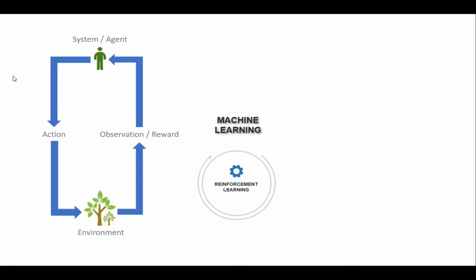Under reinforcement learning, it works something like this: it will have a system, or an agent, which represents the reinforcement learning system. The job of this agent is to do certain actions upon some environment which is completely unknown.